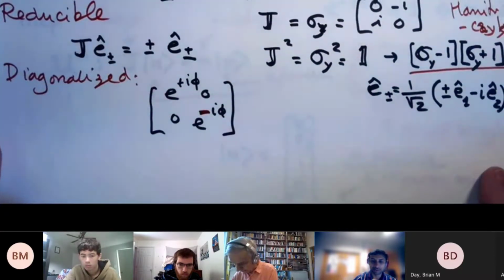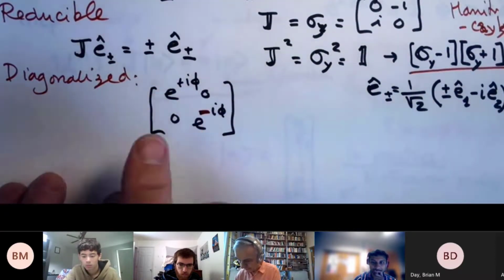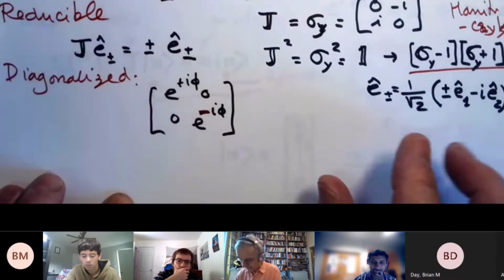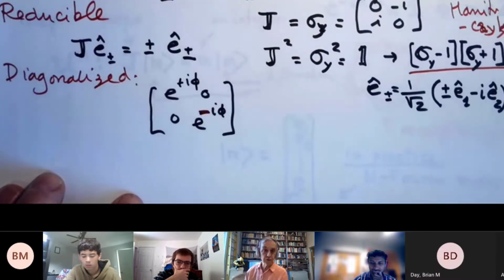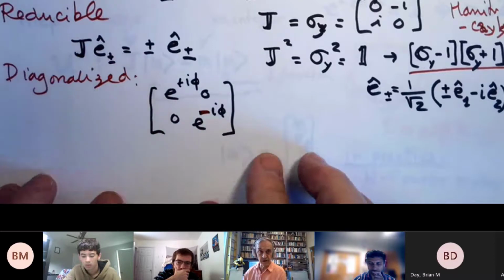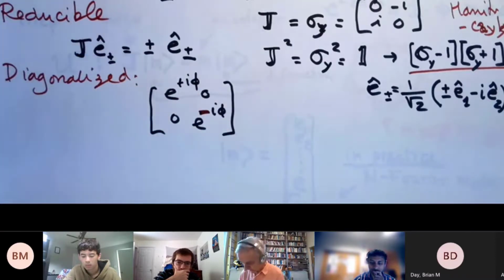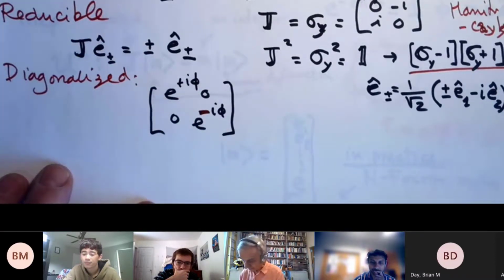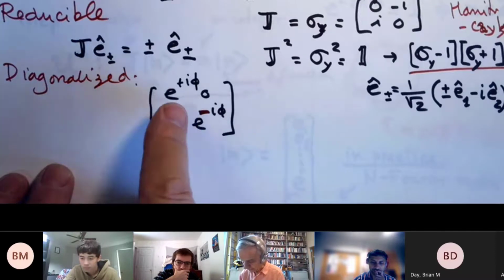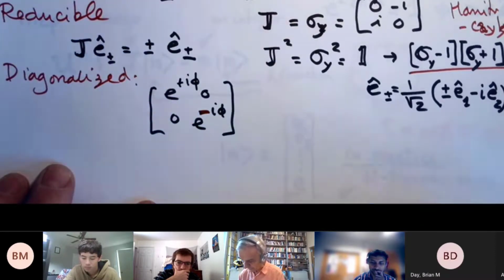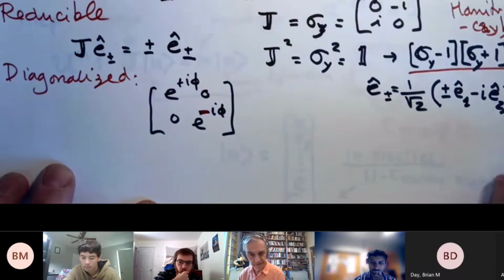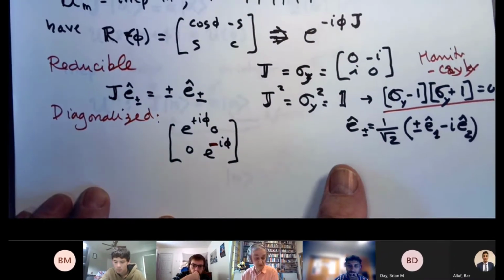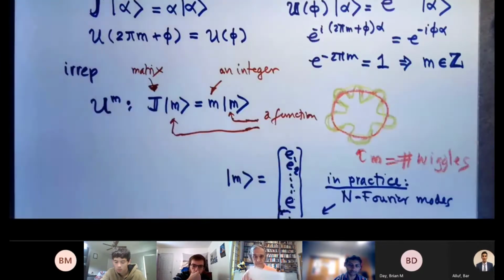It turned out that this representation contained two irreducible representations out of infinity. It didn't contain the zero representation. It just contained rotate to the right or rotate to the left in the complex plane. In general, you have infinitely many representations, which are called Fourier modes.